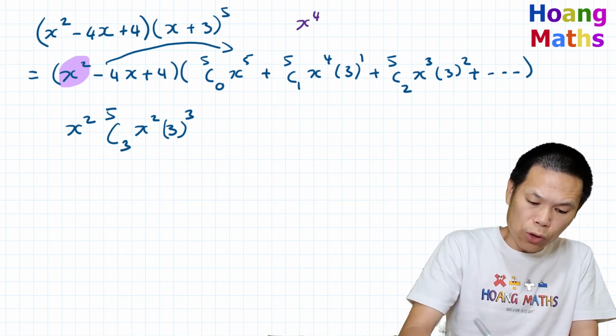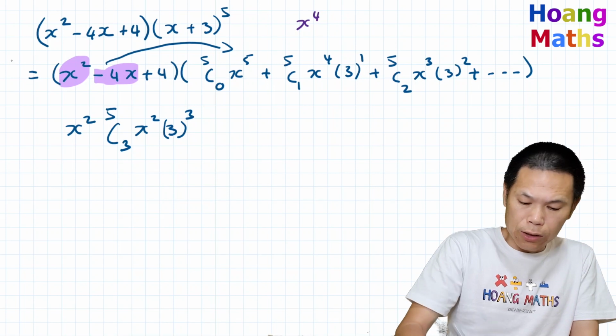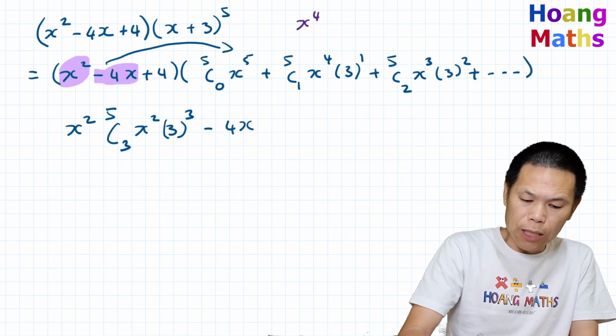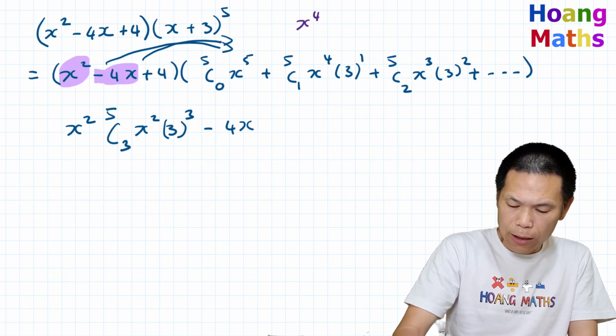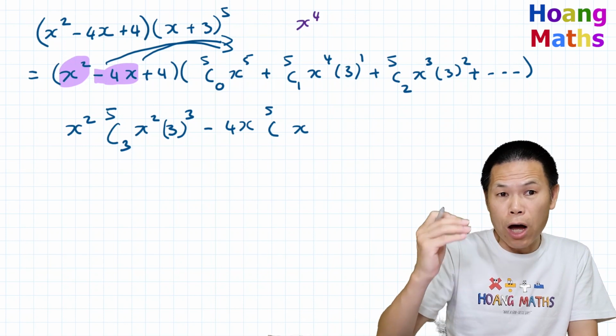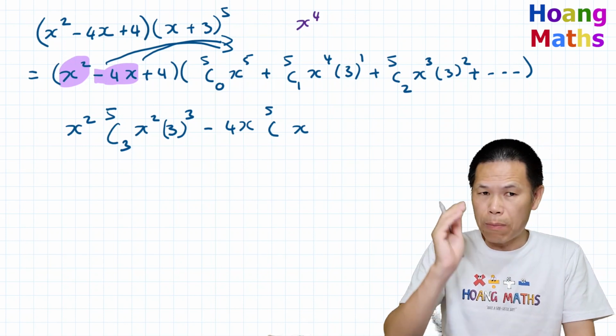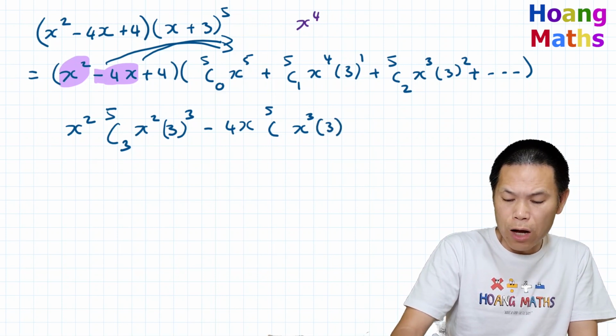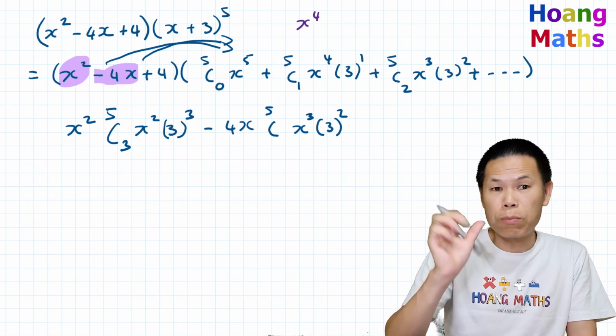If we use negative 4x, and we multiply by another term, 5C something, x must be to the power of 3 because x times x cubed is x to the power 4. Therefore 3 must be to the power of 2 because 2 plus 3 is 5.